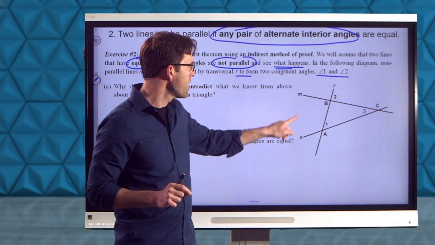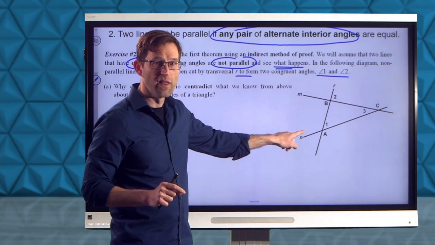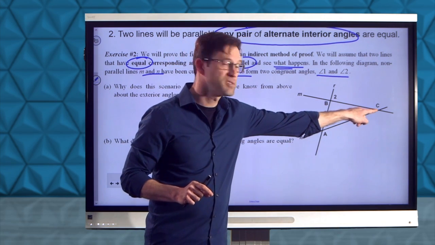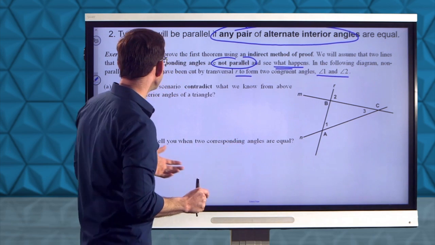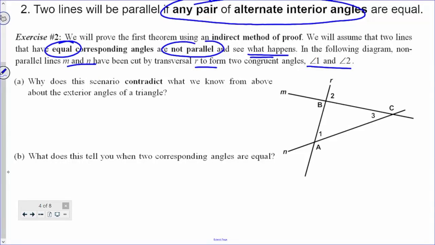So I've got this line M and this line N that intersect out here at point C, okay? And I'm claiming that angle 2 and angle 1, which are corresponding angles, right? They're in the same place on those T's, right? I'm claiming that they're equal, okay? But that the lines aren't parallel.